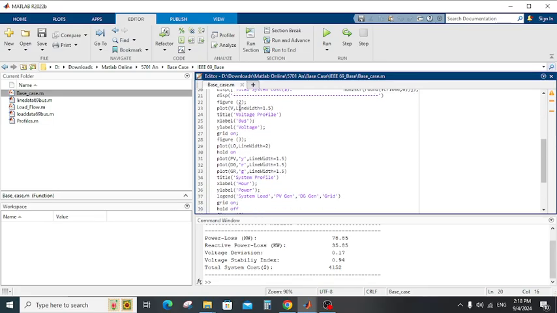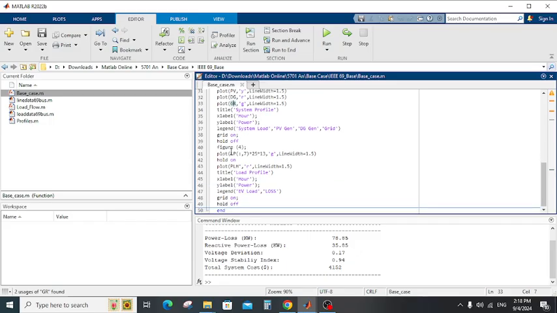Then we plot the voltage profile for each bus, and also the system profile: the load, the PV and the distributed generation, the power imported from the grid, and the other figures show how the EV load and the losses behave.